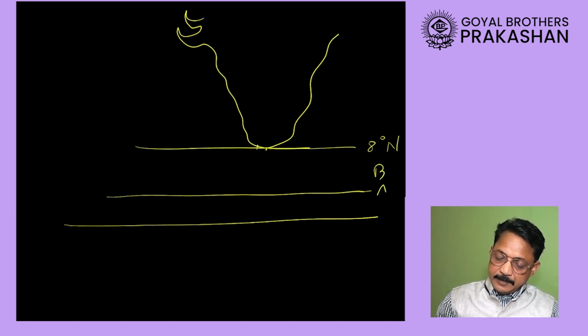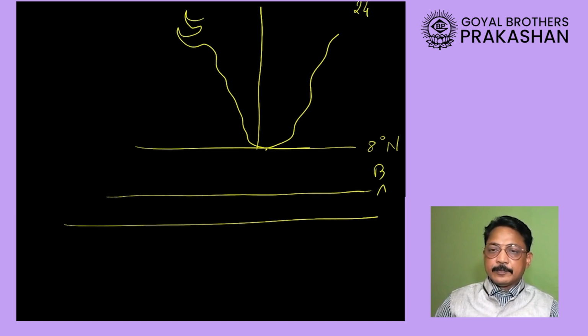Now, very important, our country India lies approximately at 8 degrees north. If I make the group of 4 latitudes, A, then B, so that way when we go to latitude number 24, how many groups will there be?